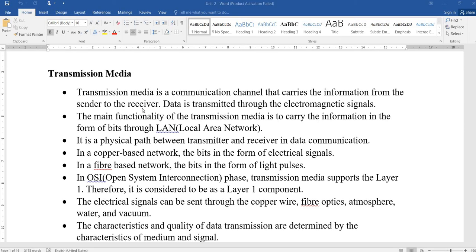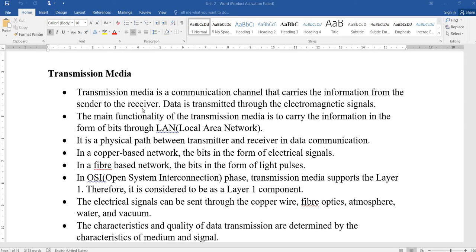In a radio wave, it transmits in the form of an electromagnetic spectrum.